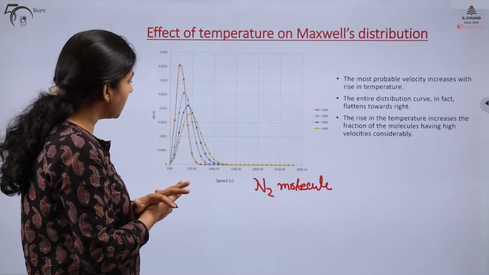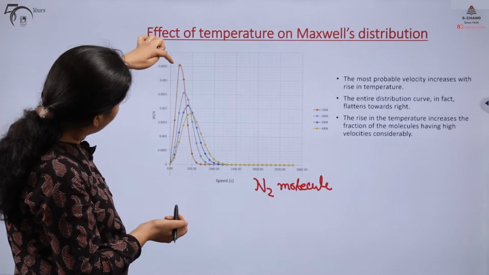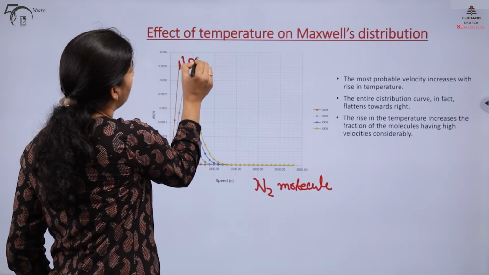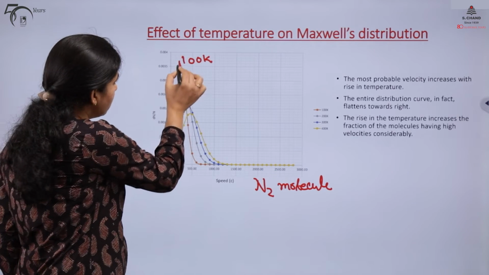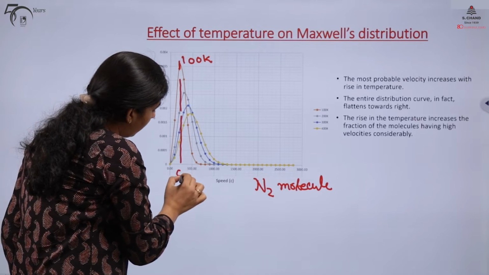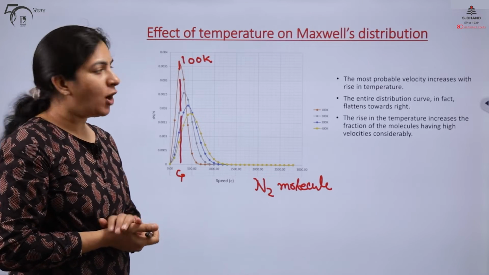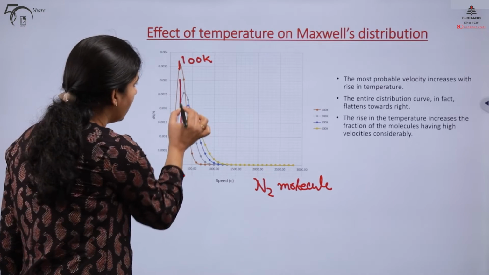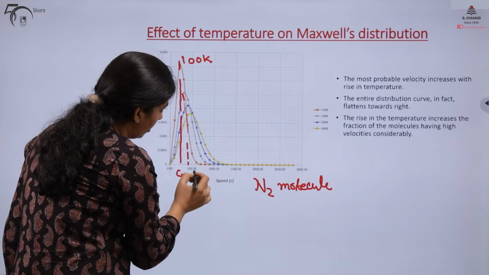What happens here is that this particular curve has been plotted at 100 Kelvin. This is your most probable velocity at 100 Kelvin. Now what happens to the most probable velocity at 200 Kelvin? The grey curve represents the most probable velocity at 200 Kelvin.